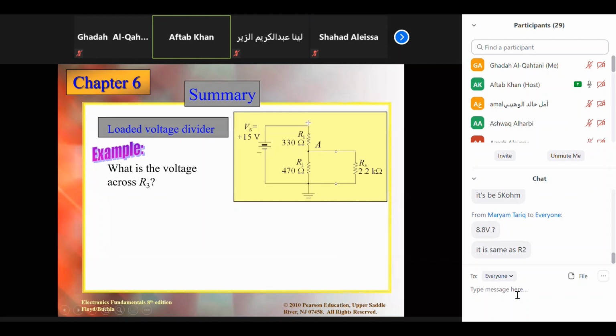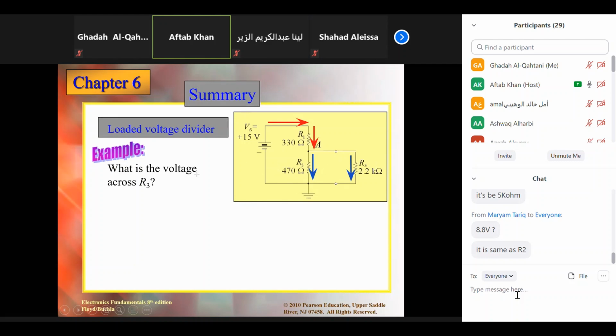The total current will flow like this, then come here. After reaching here, this total current will split into two parts, this one and this one. So it's up to you how you want to approach. If you calculate the total current, then you need to apply the current divider to find the branch current, then you can calculate. This is also possible.